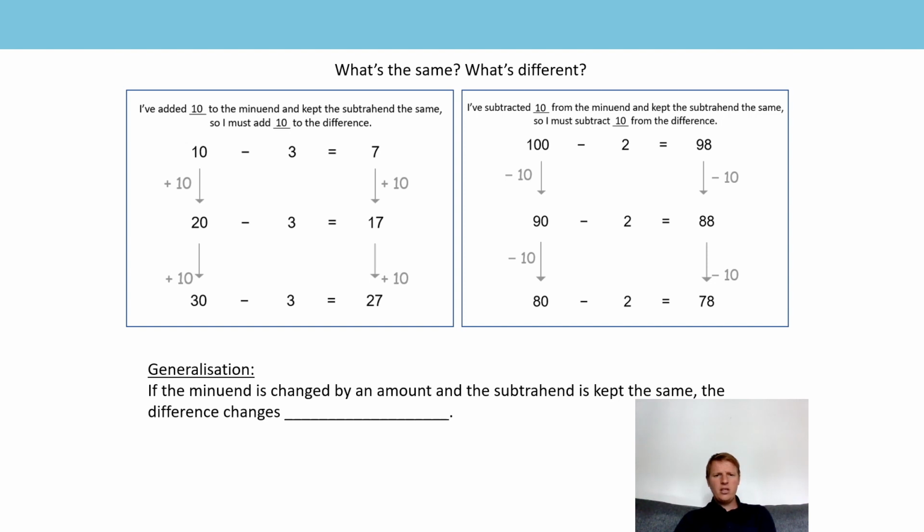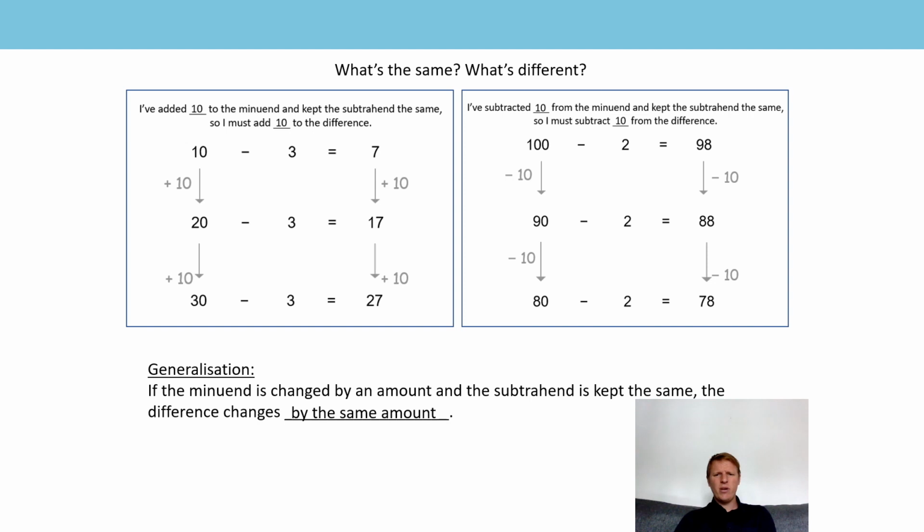If the minuend is changed by an amount and the subtrahend is kept the same, the difference changes. What could we say? The minuend is changed. Well, in the first, on the left, it's changed by adding, and on the right, it's changed by subtracting. Did anyone notice that both those examples actually are by 10? So the difference changes for these by 10, but we can say by the same amount.